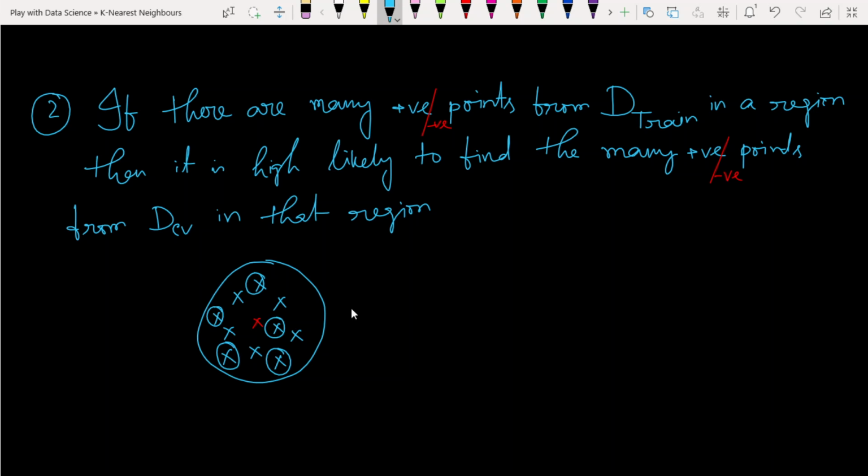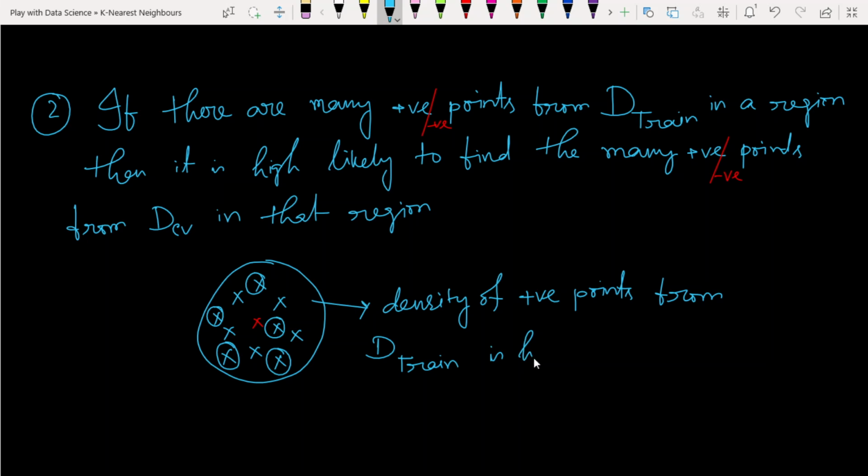If we take this region as density, the density of positive points from the train data, suppose the density is high for only this region.